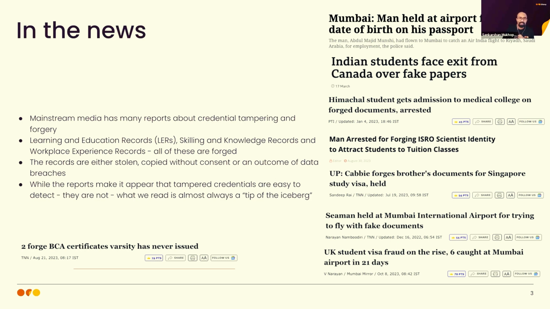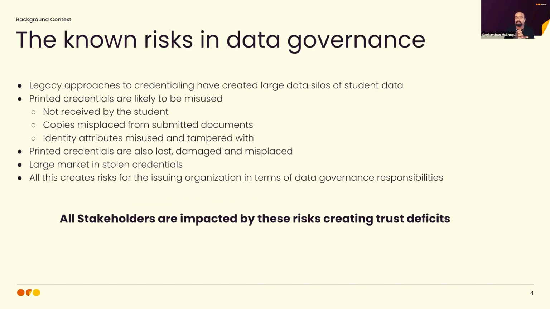Now, there are certain risks in data governance that are fairly well known. The traditional approach is very paper heavy and printed material heavy, and has created large data silos of printed material, and even copies of the student data in various systems.